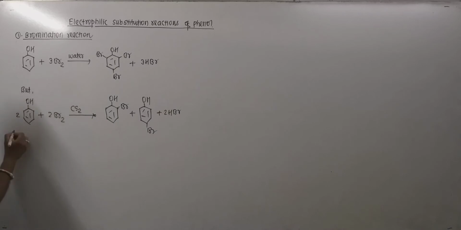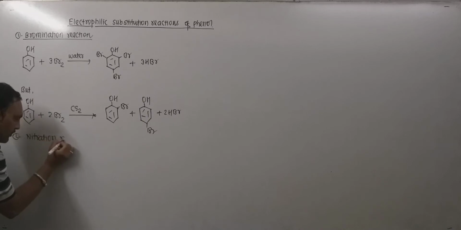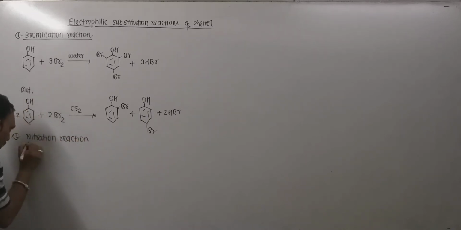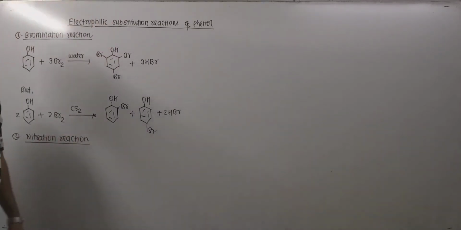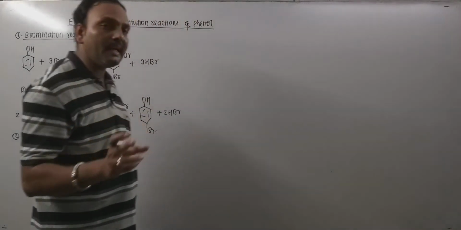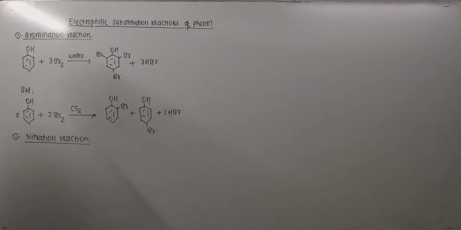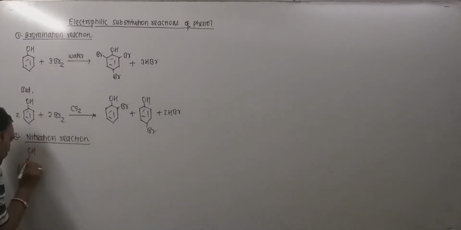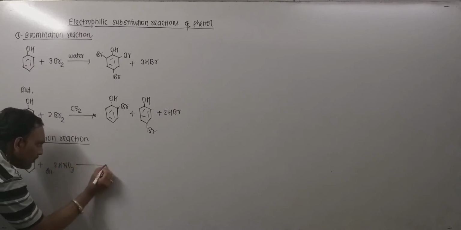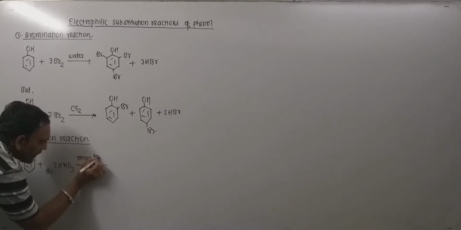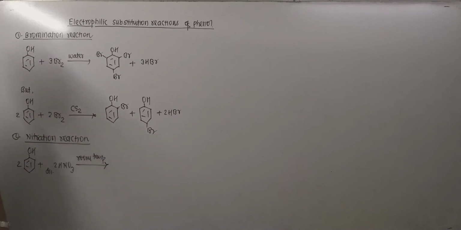Now next to bromination, another very important thing is the nitration reaction. Nitration reaction of phenol. Now when phenol is treated with dilute nitric acid at room temperature, remember nitric acid is a nitrating agent, but plain nitric acid is not that good a nitrating agent. Thus when phenol is treated with dilute nitric acid at room temperature, a mixture of two different possible products is obtained.